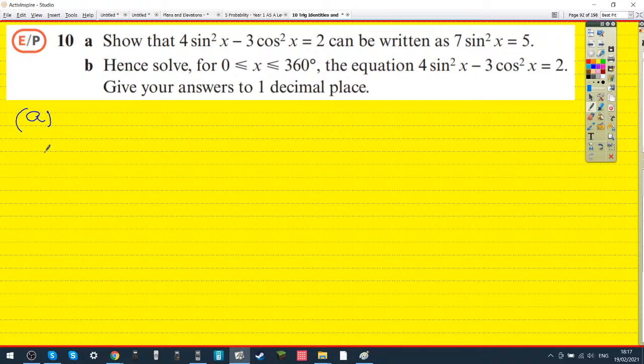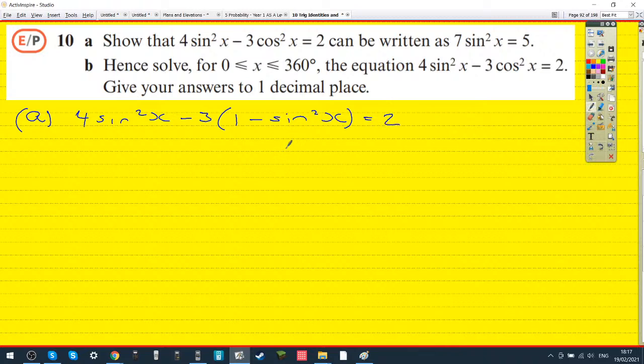Minus 3 open brackets. So 4 sine squared x, and then minus 3 open brackets, 1 minus sine squared x, equals. You put 5, is it not 2? Sorry, yeah, equals something wrong.